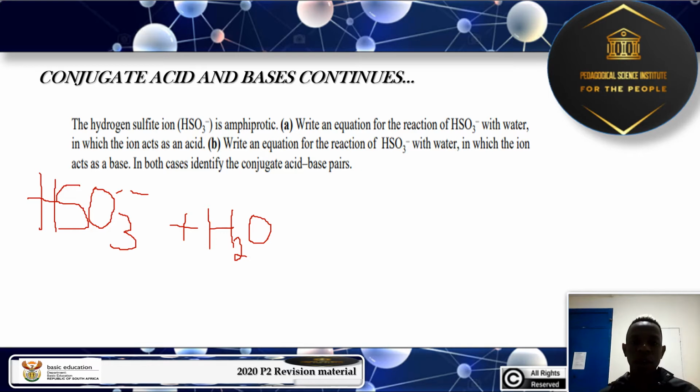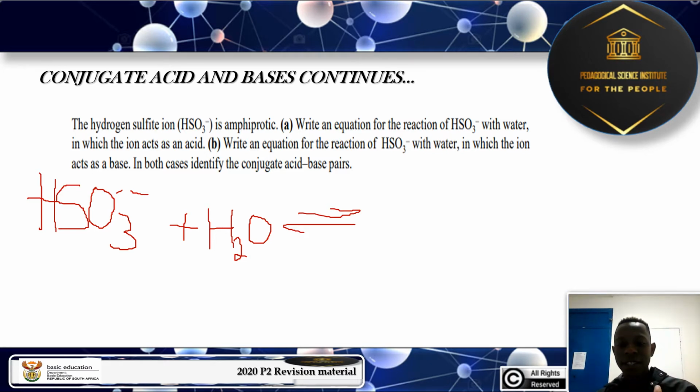Now this hydrogen sulfate must act as an acid, and then we show the reversible arrows. Then we are saying this hydrogen sulfate must act as an acid.